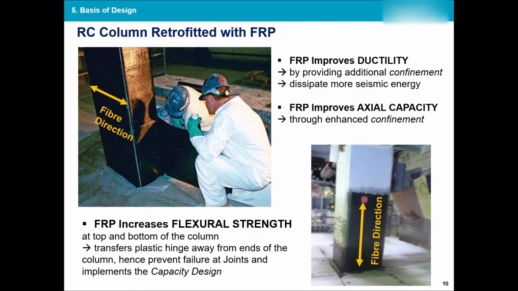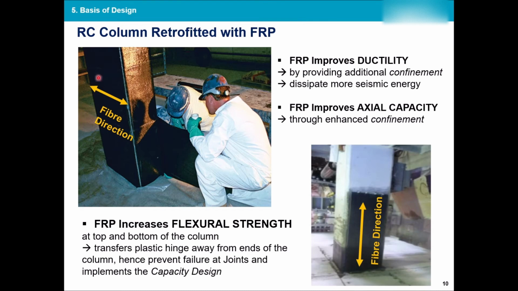Now pay attention that the direction of the fibers in both cases is very important as well. In this case the fibers are going from the bottom to the top of the column and they follow the longitudinal reinforcement of the column, so they're actually improving the flexural strength on the tension side.